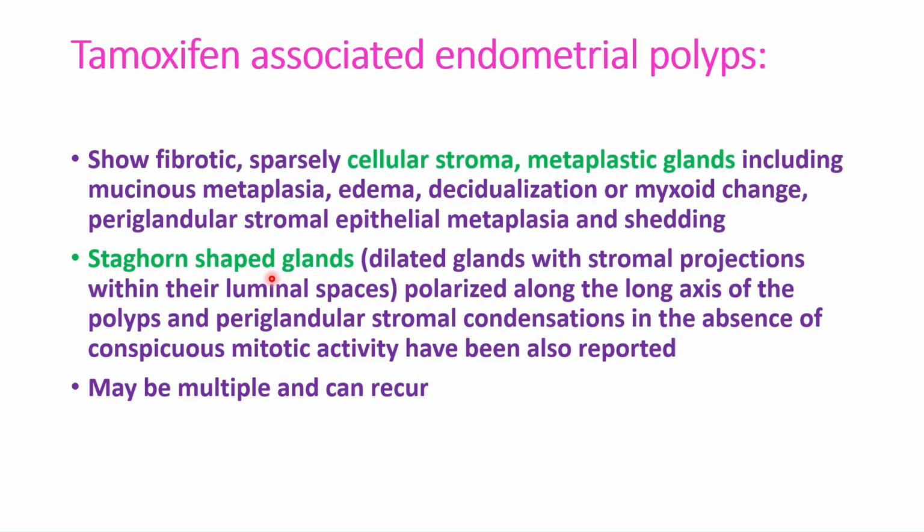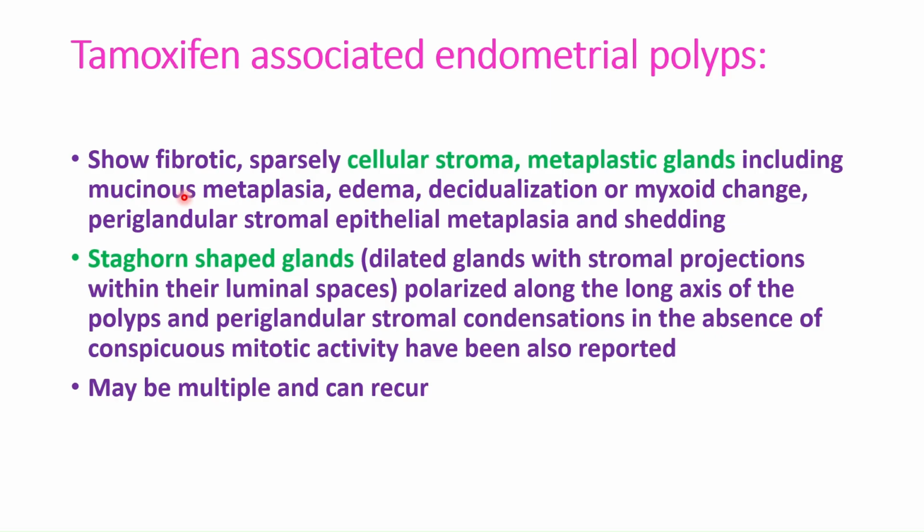And staghorn shaped glands, which are dilated glands with stromal projections within their luminal spaces. And these glands are polarized along the long axis of the polyp, and there is periglandular stromal condensation in the absence of conspicuous mitotic activity. And there may be multiple and can reoccur.